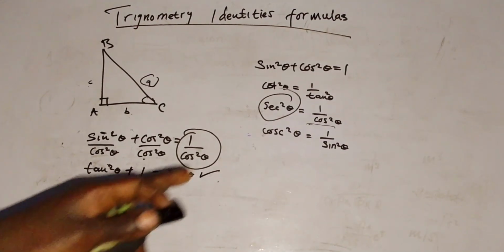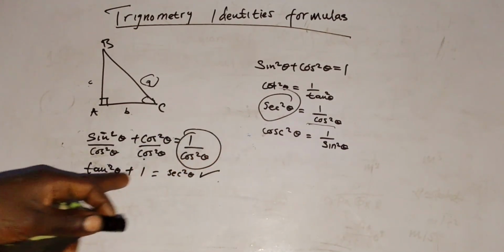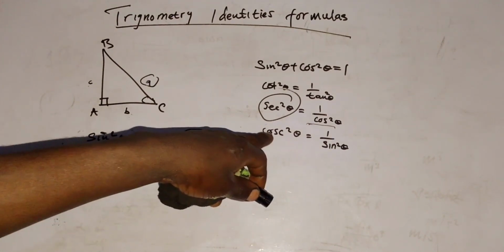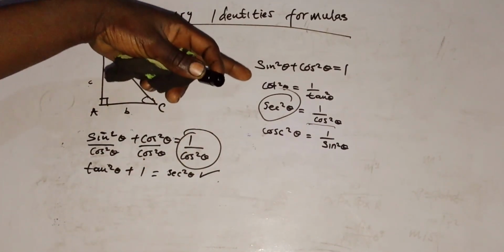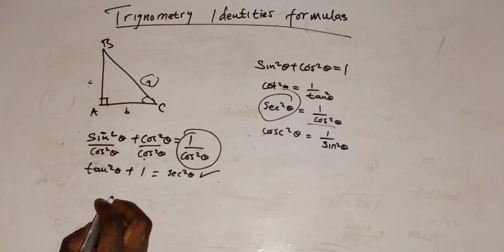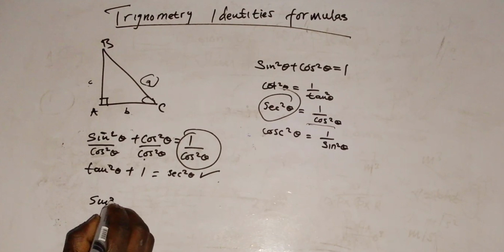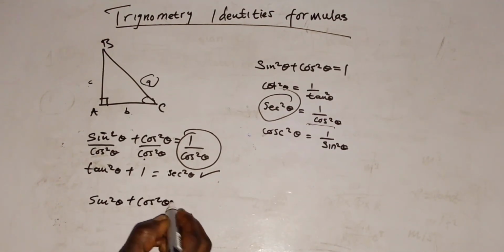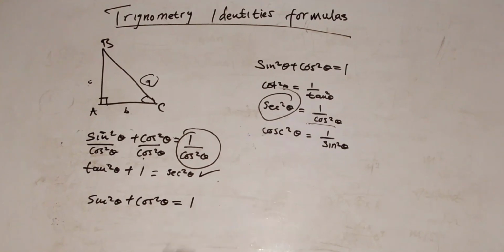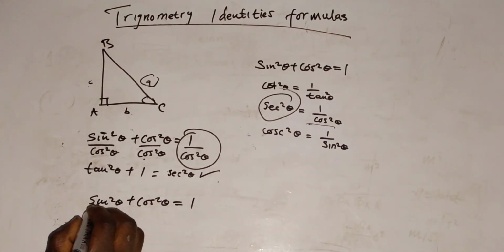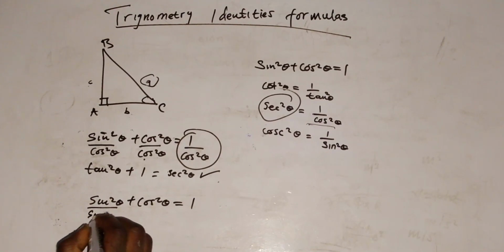Okay, so now let's move to another formula. Let's start by saying sine squared theta plus cos squared theta equals 1. So here let's do vice versa by dividing throughout by sine squared theta.